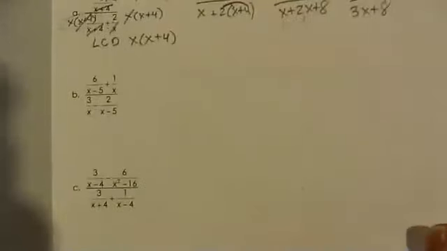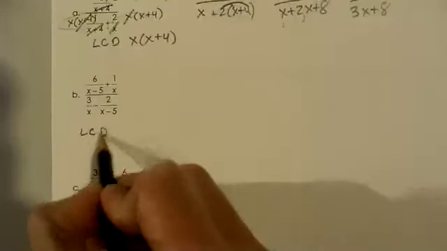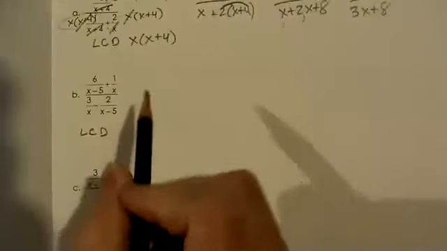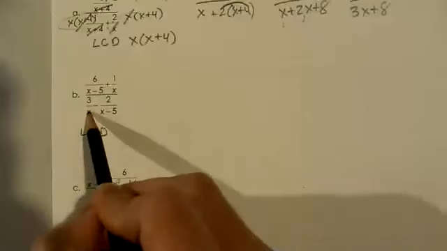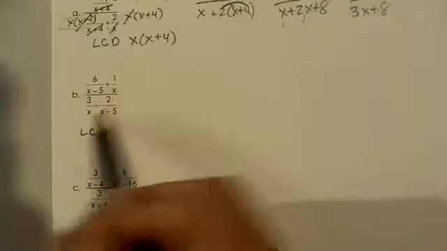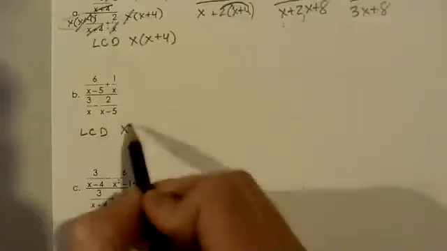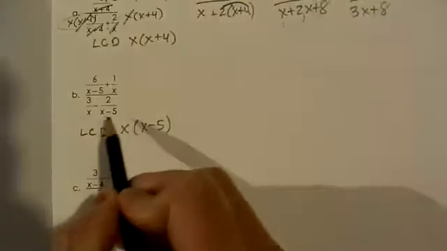As we look at the next question, we're going to look for the LCD. Now think about what your LCD would be. You're looking at each of the little denominators. So we have x as one of those little denominators, and we have x minus 5 as the other little denominator.